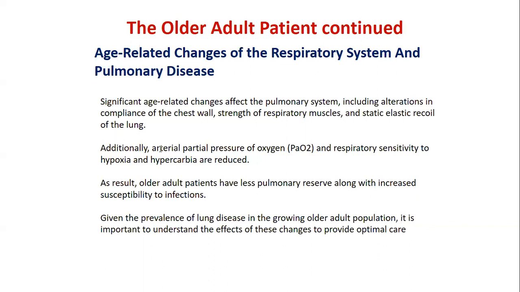So additionally, arterial partial pressure of oxygen and respiratory sensitivity to hypoxia and hypercarbia are reduced. So I told you, the structure of the lungs is impaired and the patient develops senile emphysema, or function of the respiratory muscle decreases, right? Or the structural properties of the chest wall are altered.